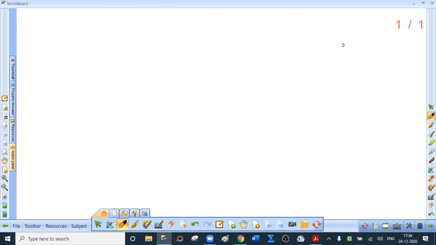Now we obtain equation of circle in different forms. The first form is standard form. See, I have already told you that not only circle but other curves, or for that matter any curve, there are different forms of the equation of that particular curve. One form is called as standard form.